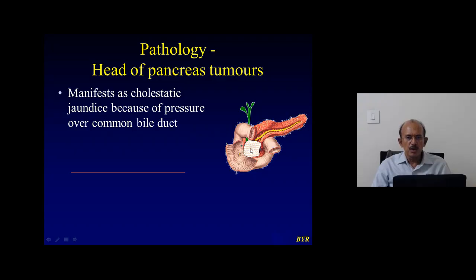For the patient to come with a mass in the abdomen, it should be so large that it could have caused obstruction to the duodenum as well as to the transverse colon. By that time, the patient will have the symptoms of vomiting, but not a mass. So the patient with head of the pancreas tumor will not manifest with a mass in the abdomen. Please remember that. So he comes to you with the features of jaundice. The jaundice is cholestatic jaundice.